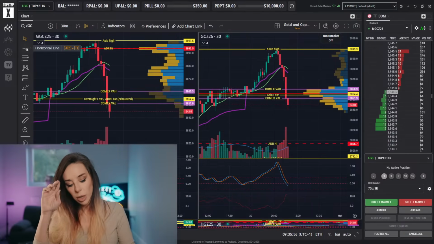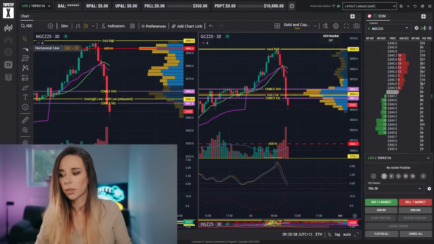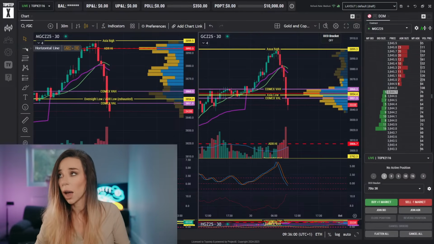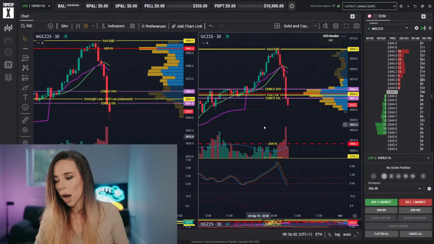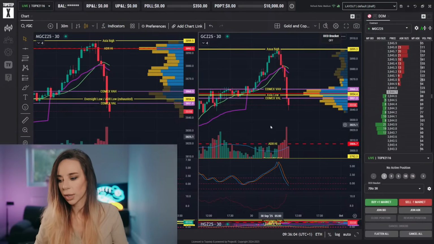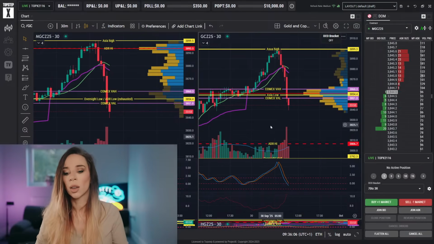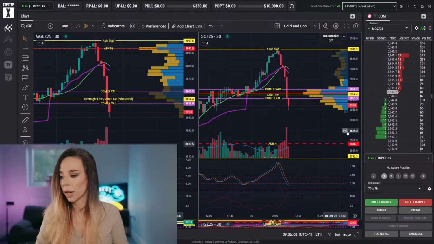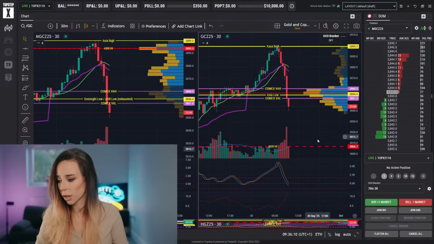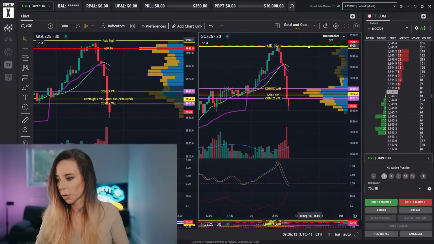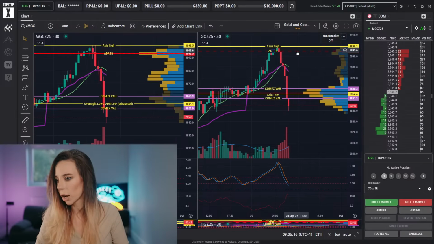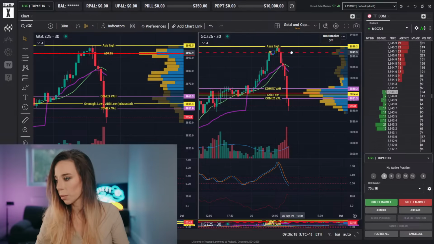Now, the next thing that I look at is the quantitative extremes, average daily range high and low. I also have a way of looking at average session range, high or low, and then I will basically wait until some of these levels are touched at the very least and see how the price behaves around them.